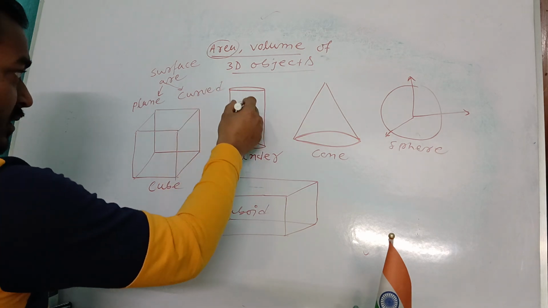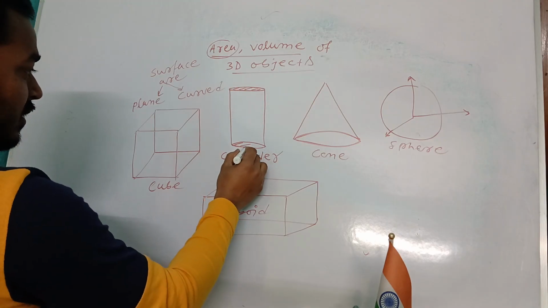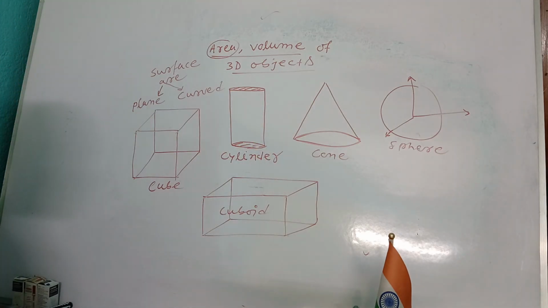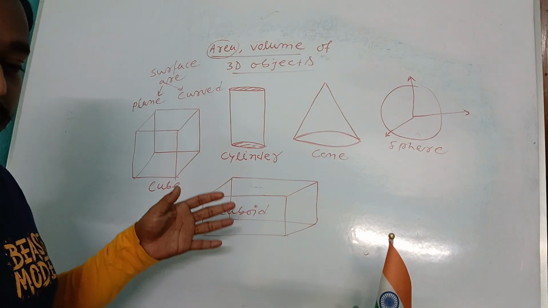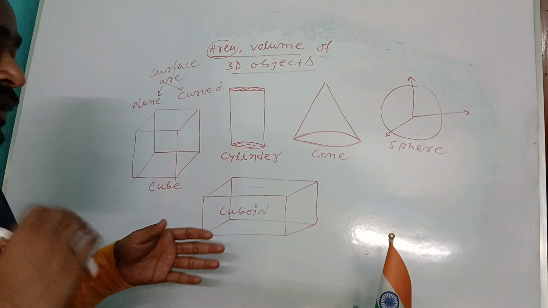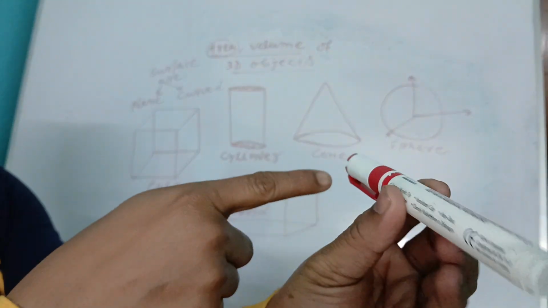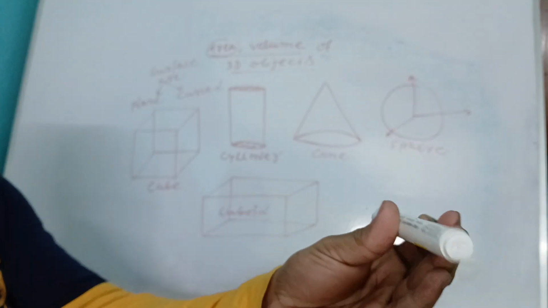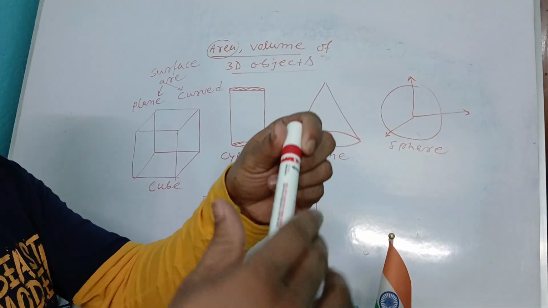If I take this cylinder, you can see two surfaces are there. For example, take a dholak: one surface on that side and one on this side. If you take this marker also, there is one surface on this side and another on this side. And here you can see another surface.